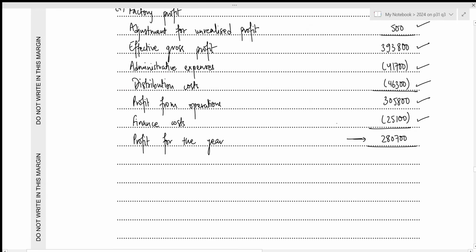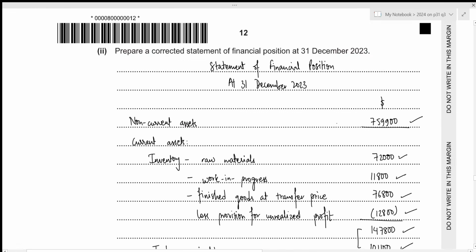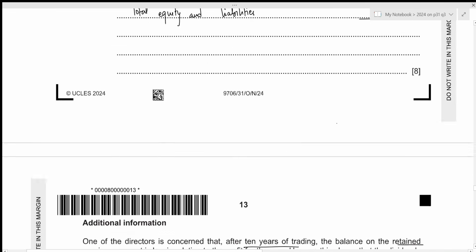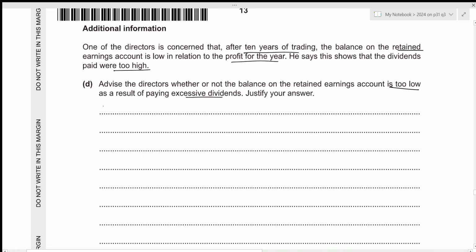The first comment we can write down is that the balance on the retained earnings account is less than the profit for the year for 2023.